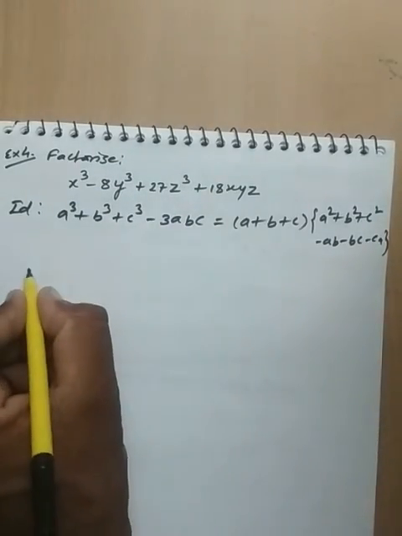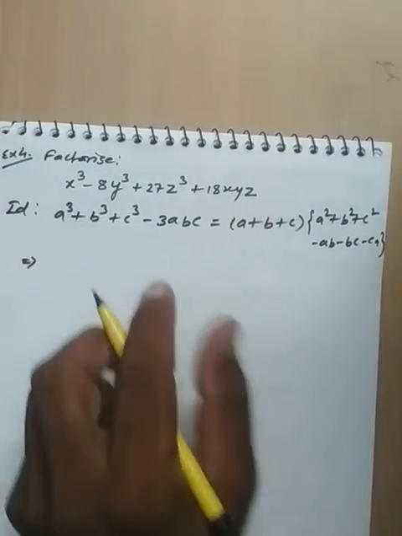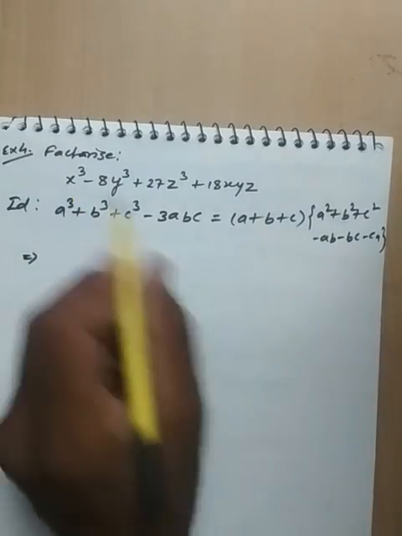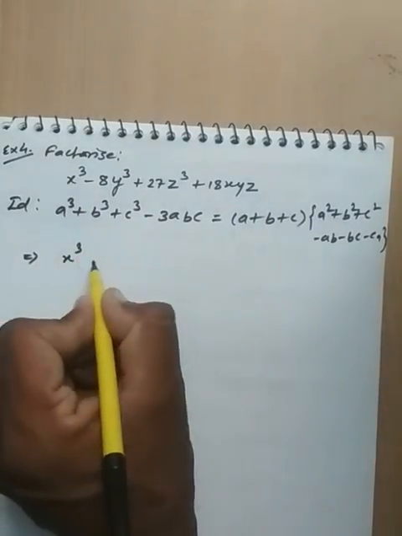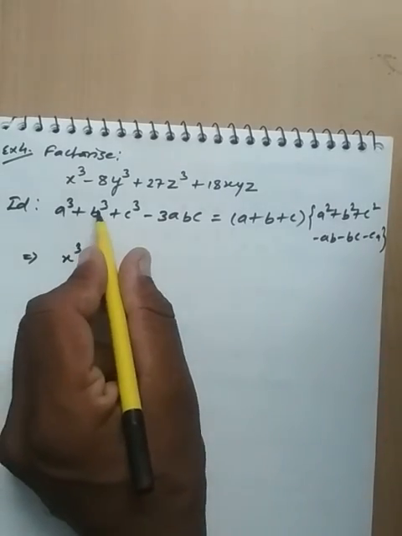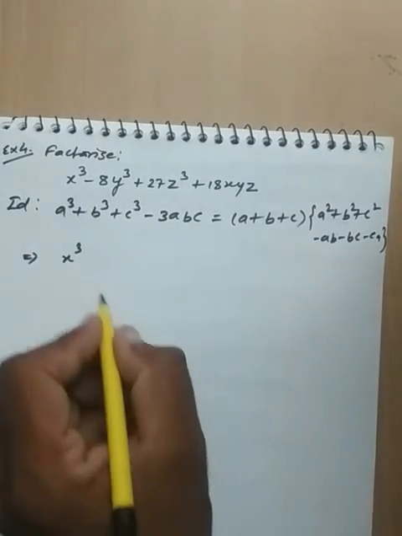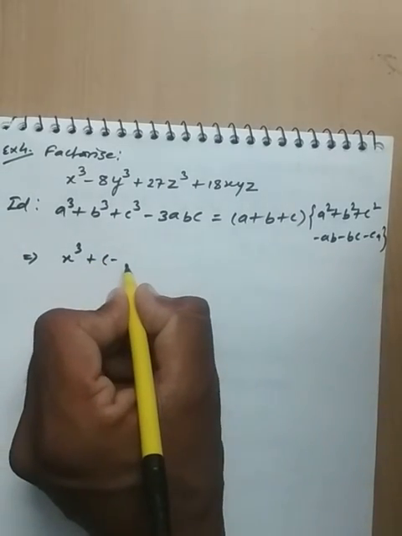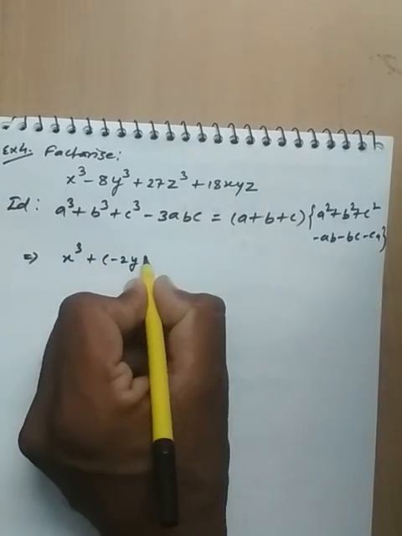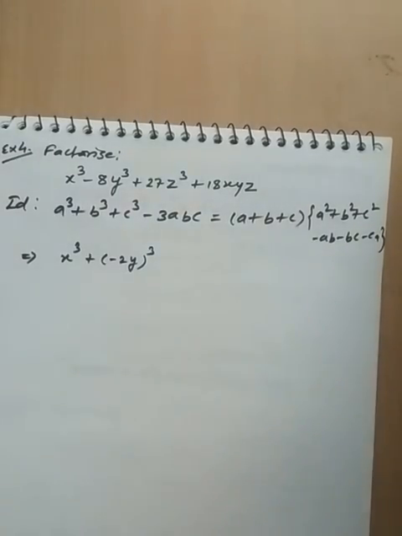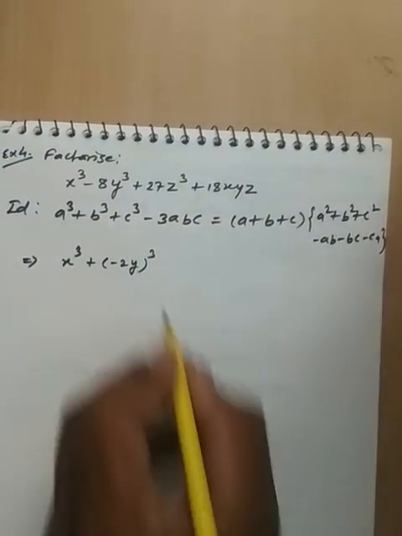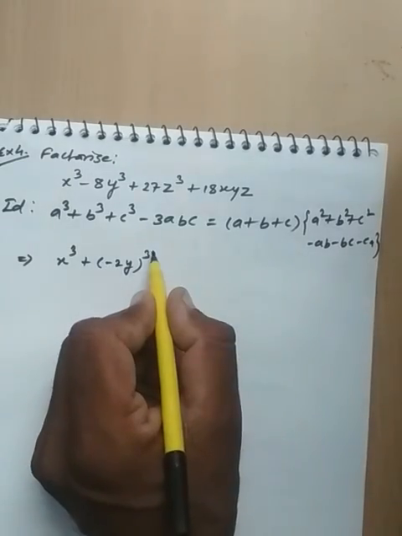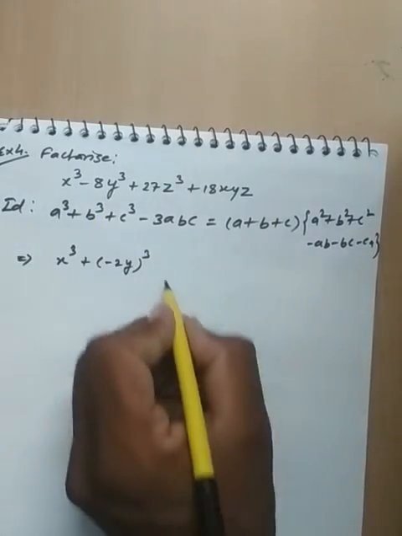So first of all, rearrange our question for the LHS part. Here a cube in place of a is x cube, again plus b cube, so minus can be converted into minus (2y) whole cube, because minus 2 cube is equivalent to minus 8, because minus multiplied 3 times, its answer is minus.